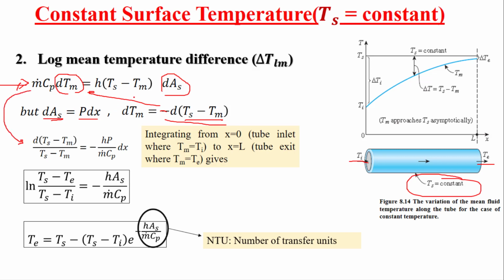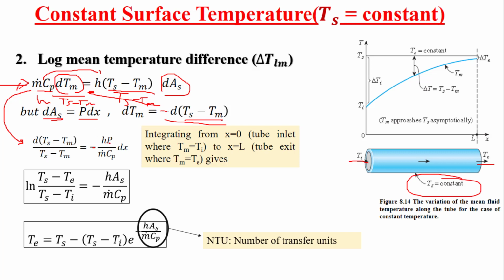This equation, we can divide both sides by Ts minus T mean. And here instead of delta Tm, we have Ts minus T exit, or Ts minus T mean, and here is the minus sign. We divide both sides by m dot Cp, so we move this one to the other side.